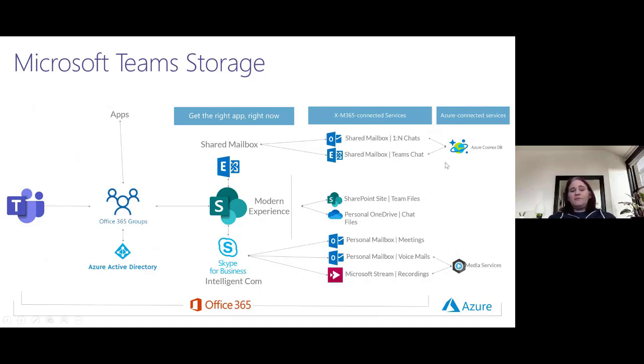Okay, SharePoint has a couple things. You've got your files, and then you also got any files that you shared through chat. So it becomes a little interesting because the chat messages are stored in Exchange and Outlook, but your actual chat files are stored in OneDrive for Business, and your files that are stored inside of the Teams library are in a SharePoint document library.